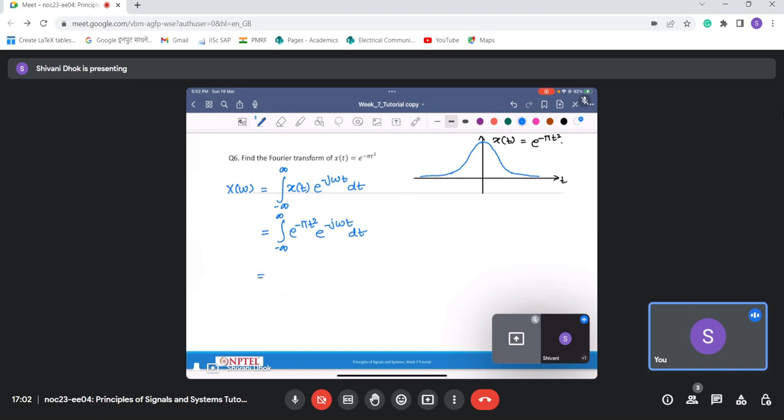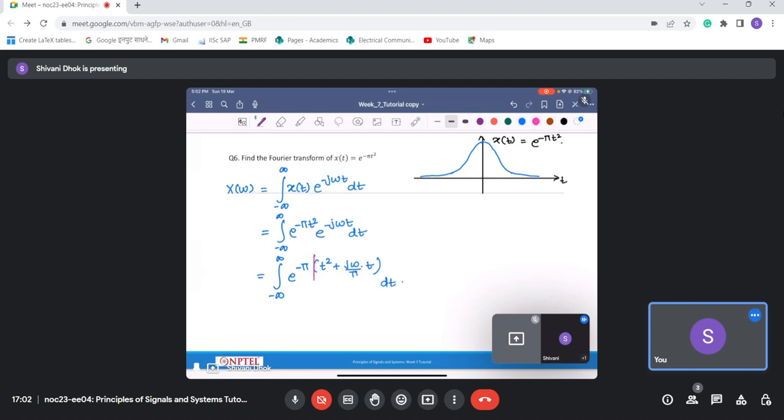Now let us consider this: integral of e power minus pi t square plus j omega by pi into t dt.